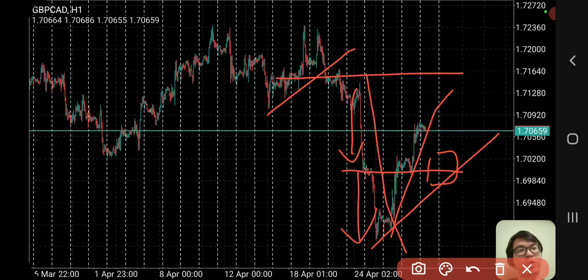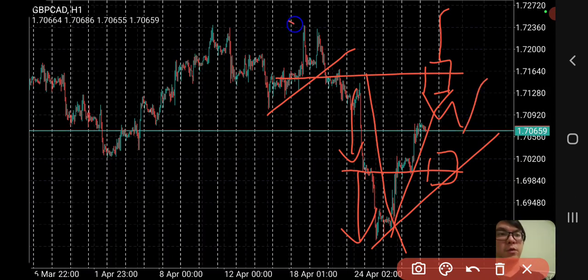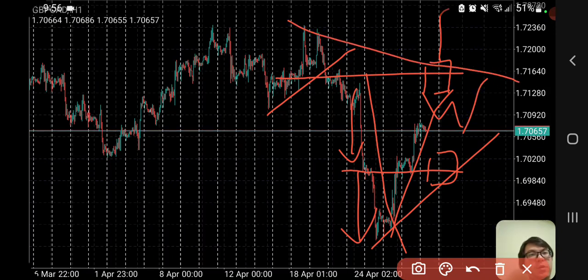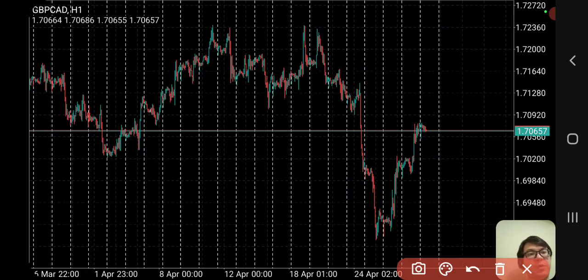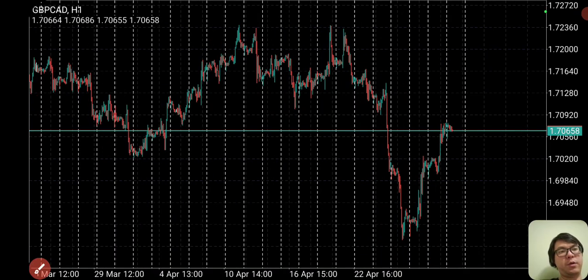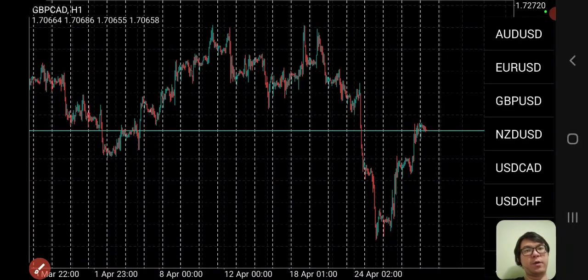If we want to short this one, we're expecting some rejection right here for the short, or break the trend line, then create a new downtrend trend line right here for the short. That'll be a perfect setup for the short. At this point, no trade.